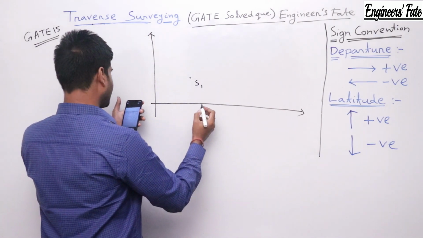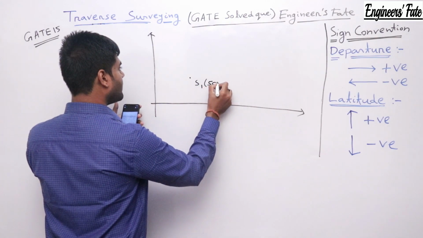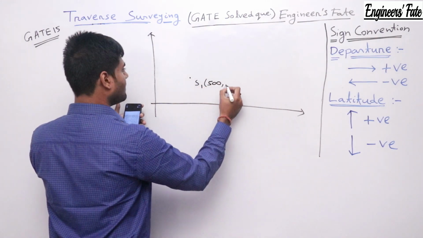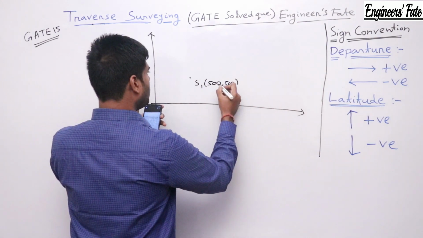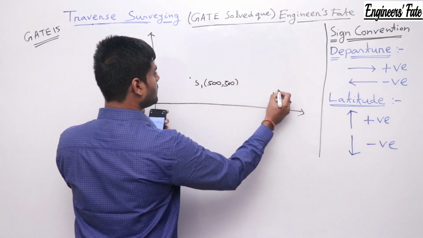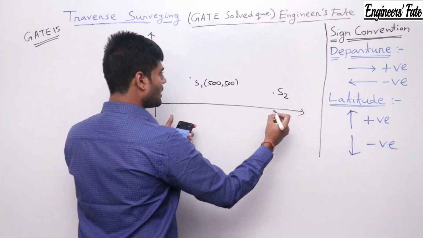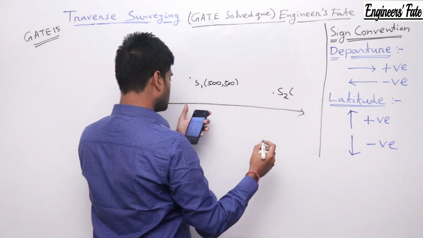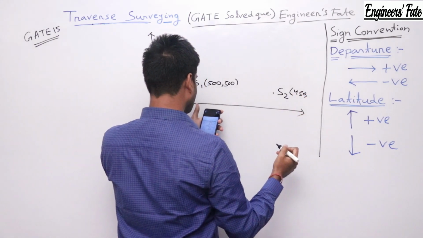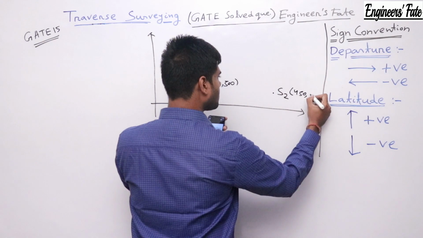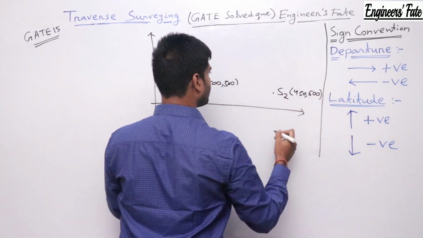So northing means latitude coordinate, that is 500. Then comes easting, that is 500. Then S2 will be slightly below S1, and the northing coordinate will be 450. So first I will write the north coordinate, then the east coordinate, that is 600.